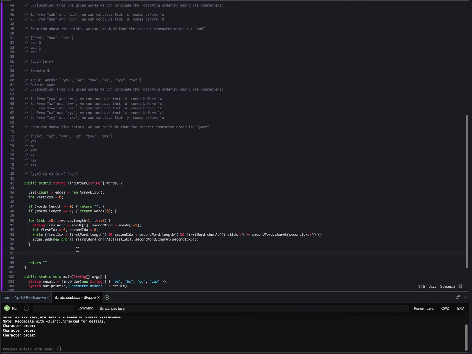Let me think, even if they do exist, yeah, I think we can take care of those after. All right, and of course we need to increment our vertices as well. Okay.